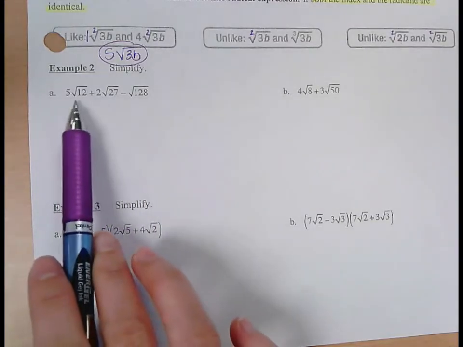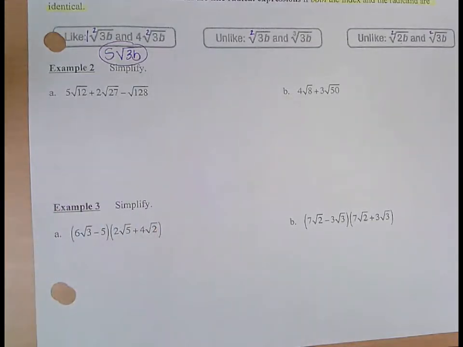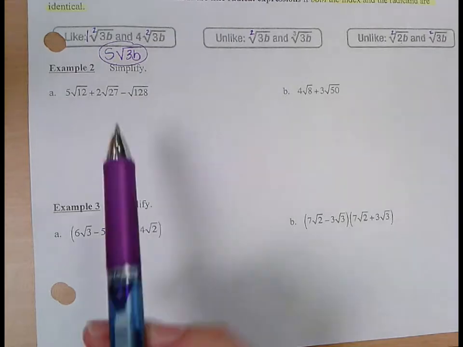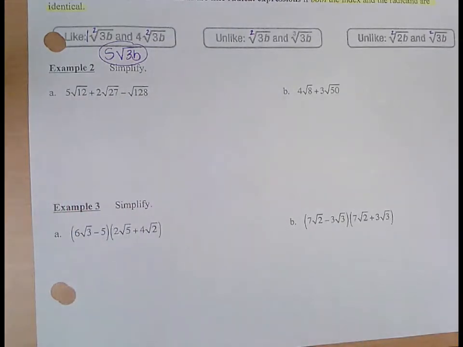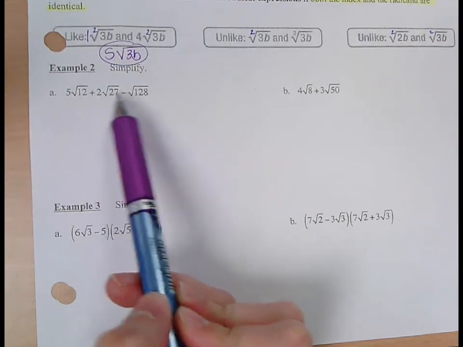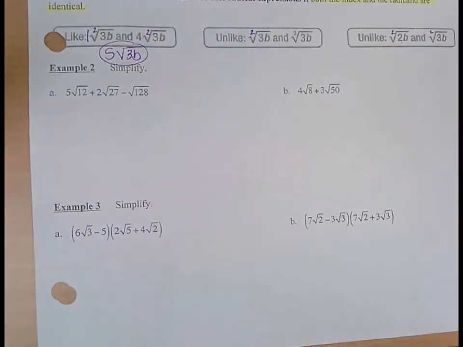So we cannot add or subtract any of those together as they are. What you can do though is, anytime you have a radical in an expression, make sure it's simplified. So we should look at all 3 of these square roots and see if we can simplify them, and then if any of them end up being like radicals or like terms, we can combine them.